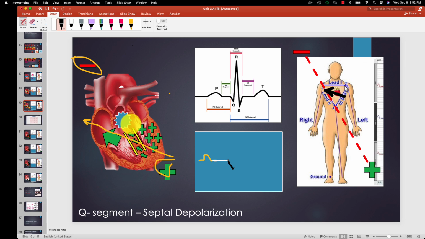Well, now the bundle of His and the left descending branch is being bombarded with charges, and we're going to get different variations in this deflection, right? So just to recap, when we have AFib, sometimes we won't get a P wave at all. It won't be detectable. Or that P wave will, remember I said earlier, look like spaghetti, right? Because of the quivering of the atria, right?